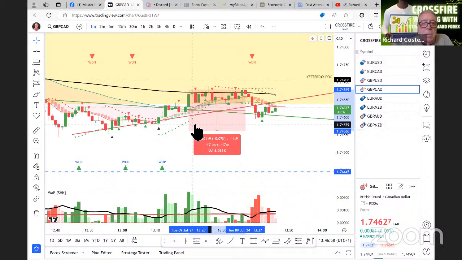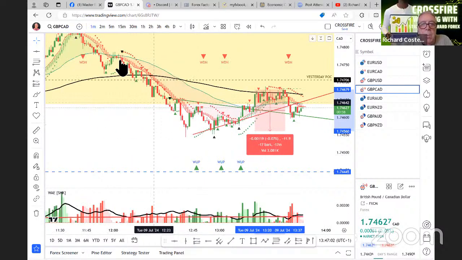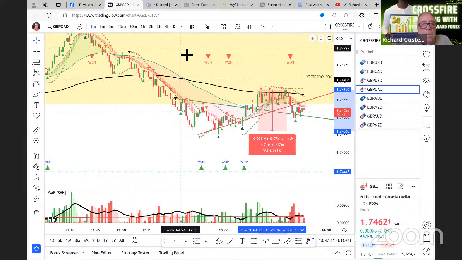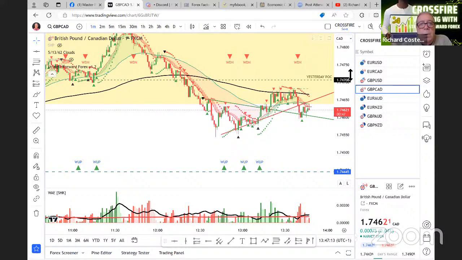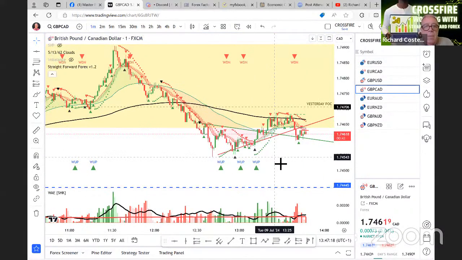And it's just moving sideways. There you've got some downward movement, so maybe there's going to be a retracement up past yesterday's PLC, back up to those levels. Who knows? We don't know what's going to happen. We can only wait for them to make a move.